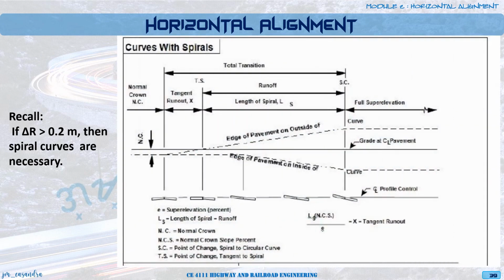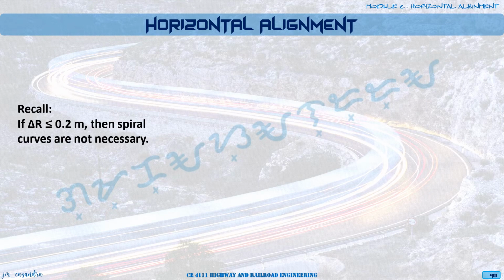So for our super elevation, we'll have to follow this design. Okay? For the runoff, it will be equivalent to the length of the spiral. And then we have full super elevation in our circular curve. And then, if delta r is less than 0.2 meters, then we don't have to apply spiral curves.